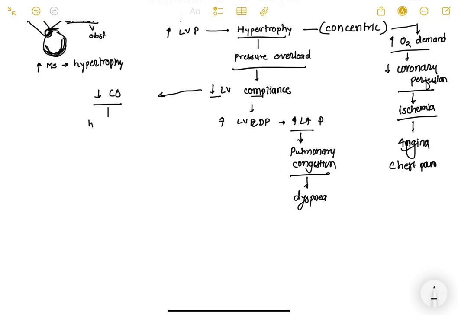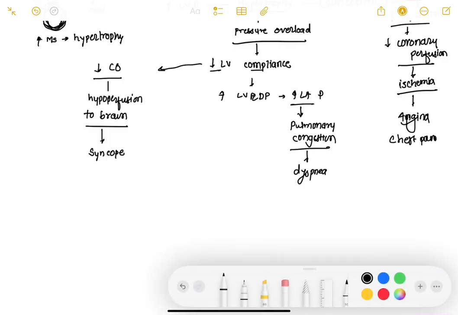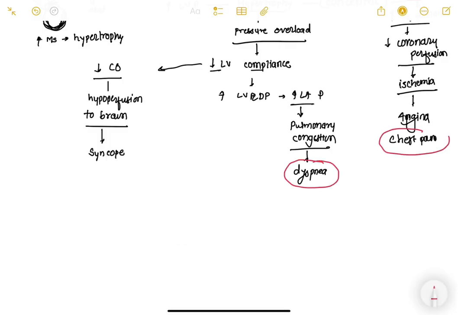There is hypoperfusion to the brain. And what happens when the brain is hypoperfused? There is a history of syncope. So these are the three main symptoms that we get in aortic stenosis.